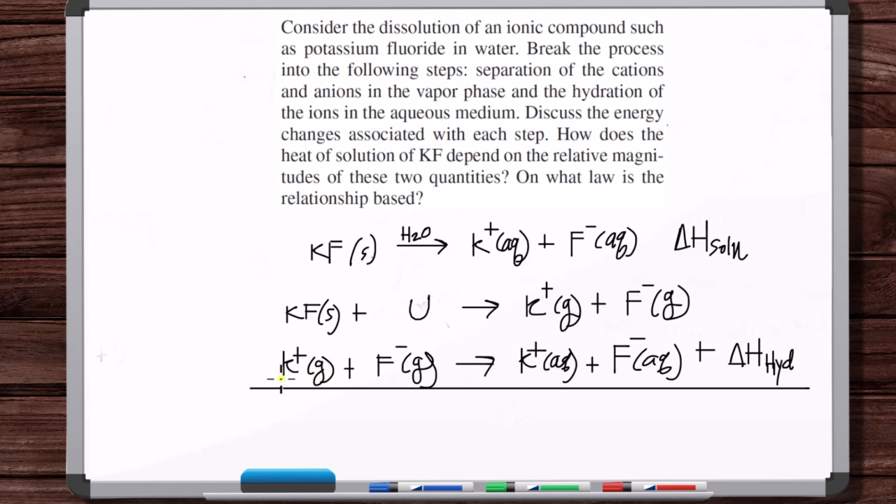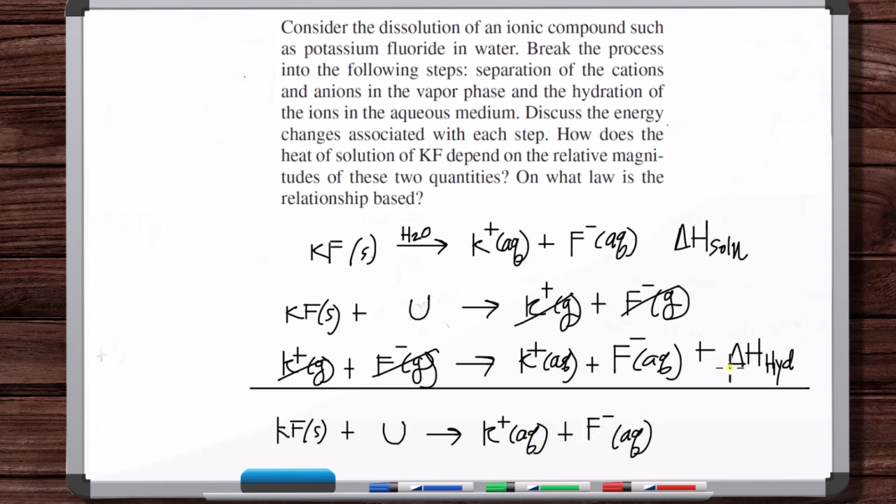These cancel, and we're left with KF solid goes to K+ aqueous plus F- aqueous, which is this chemical equation, but what's the energy change? It's going to be U plus delta H hydration. That's what delta H solution is.